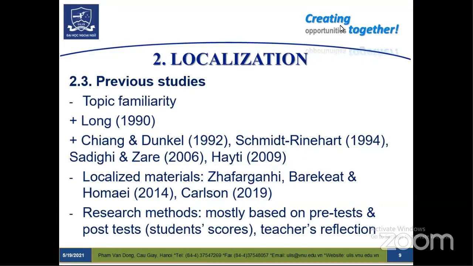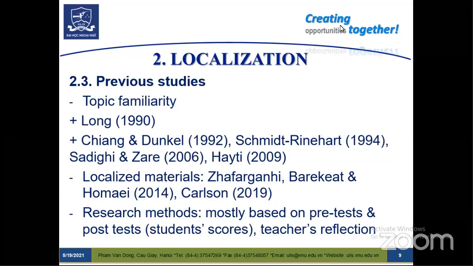Before the course, the students took a test and dealt with very unfamiliar topics. Then after a period of study, they learned something about the topic and took another test, and the test score increased. That can also be seen through teacher reflection.